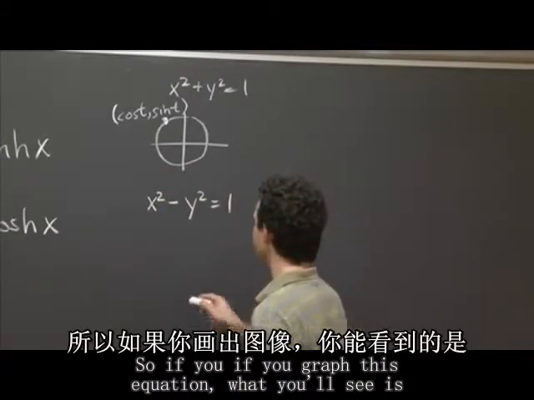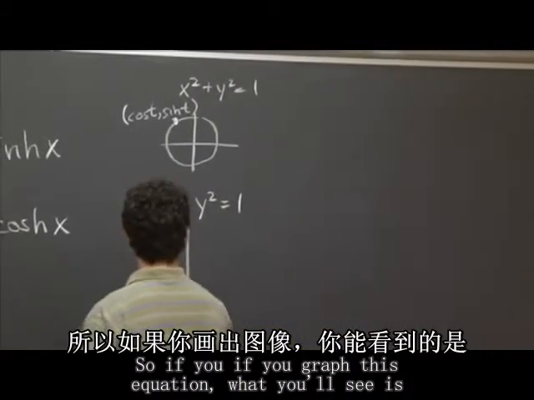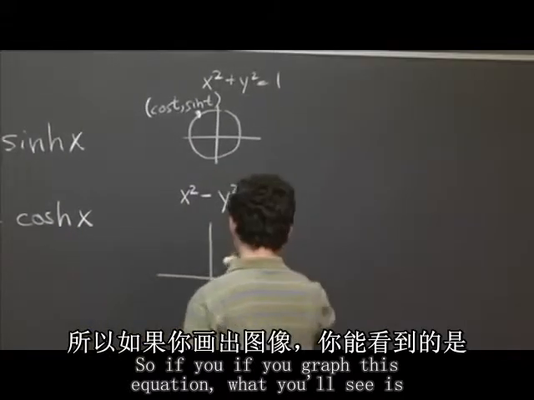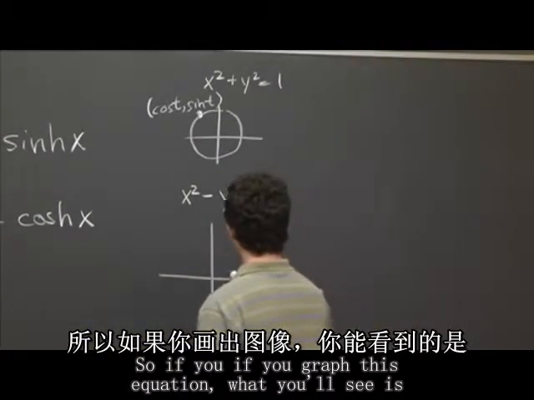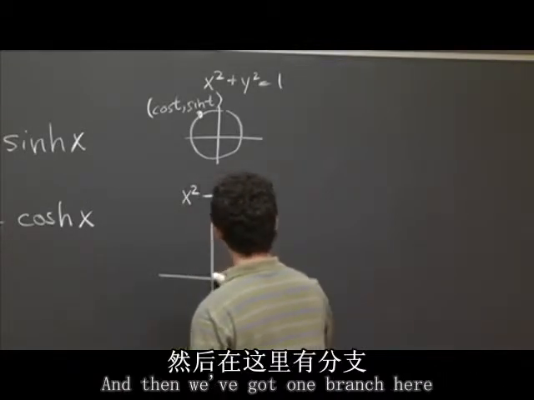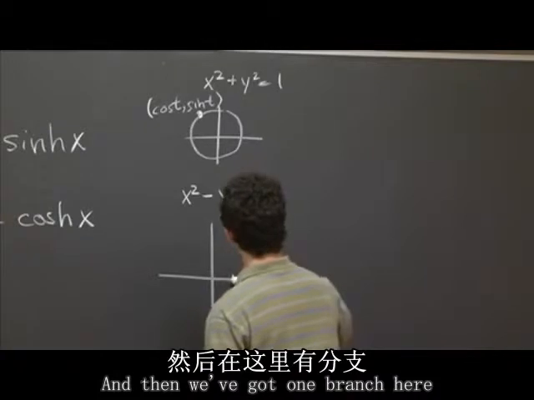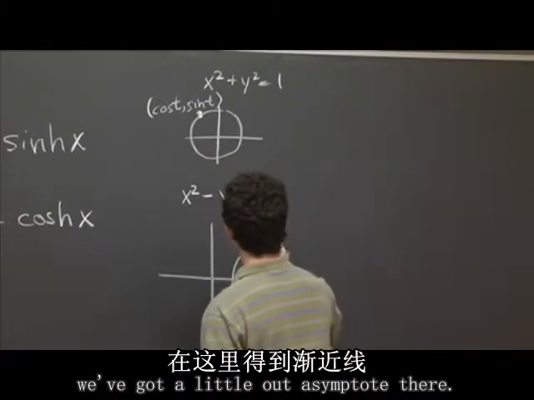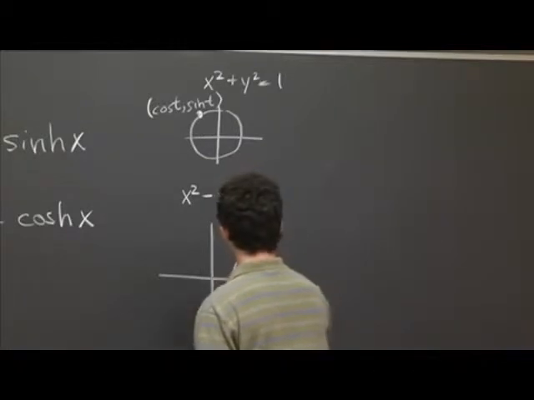So if you graph this equation, what you'll see is that, well, it passes through the point (1, 0), and then we've got one branch here. It's got a little asymptote there.